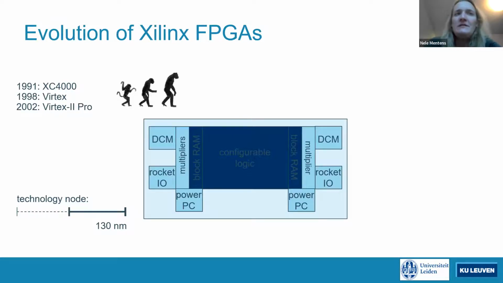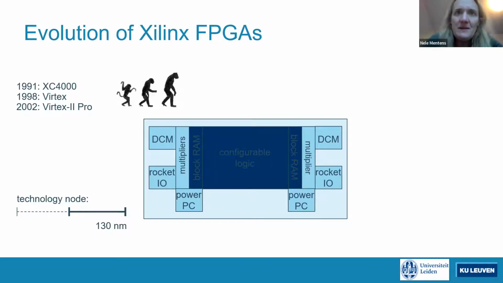Then in one of the next generations, other building blocks were also added. And this was mainly done as a consequence of requests of customers. So Xilinx and also FPGA vendors in general, of course, are aware of the applications for which their FPGAs are used.